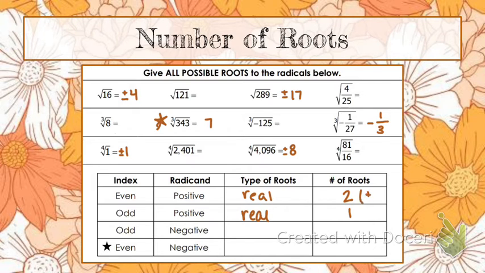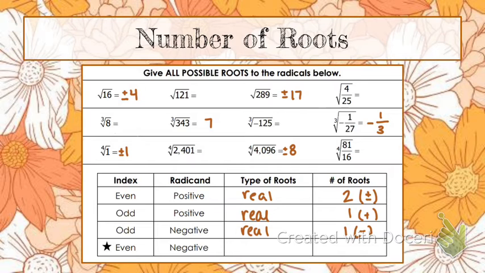So up here, we're also going to put the signs here just to help you. So if there's two roots, it's plus or minus. If it's odd and the radicand is positive, then your root is also going to be positive. If it's odd and negative, that is like this guy, and we still get a real number, and we still only get one, but this time it's negative.